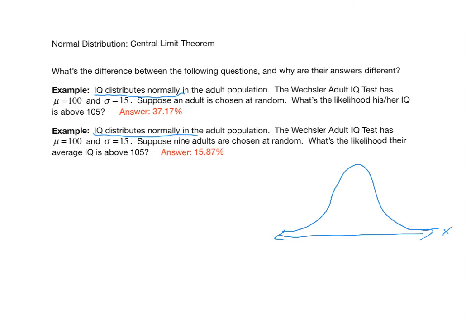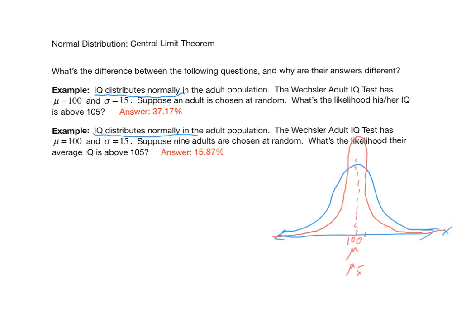Well, we do know that the x bars also have the same mean. Mu and mu sub x bar are the same, so they should both be centered about this vertical red dotted line, which corresponds to the value 100. But we do know with the x bars that sigma sub x bar is smaller than sigma, meaning this is going to be compressed in comparison. So the red one, the x bars, is going to look something like this.